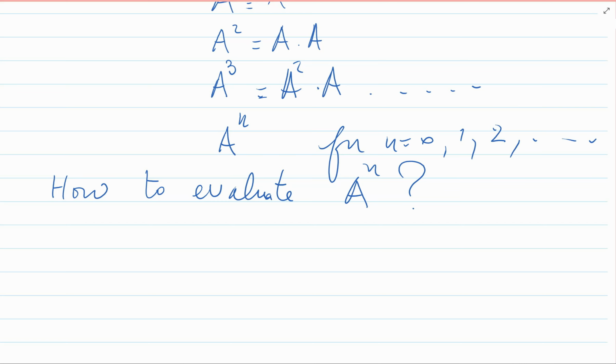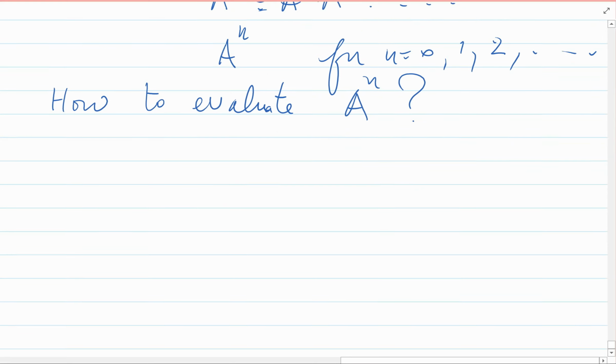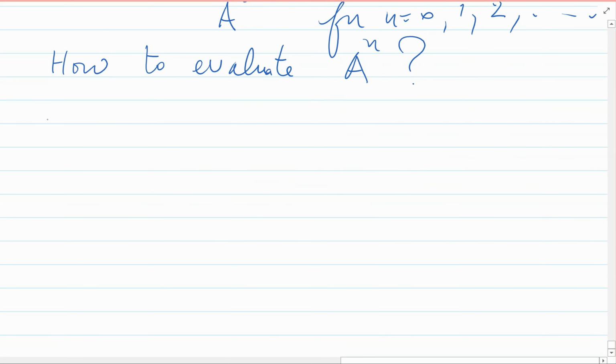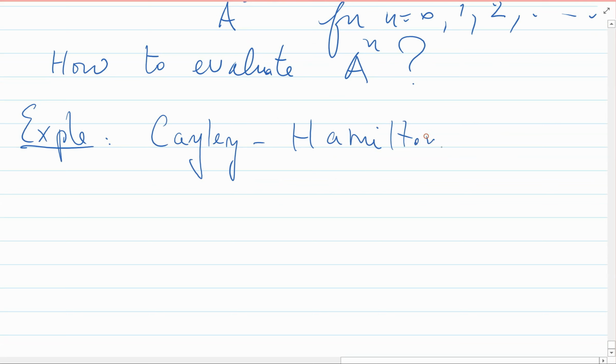So let me give you an example, something interesting. In fact, it is a little bit more than an example. You can look it up on Google: the Cayley-Hamilton result. Cayley and Hamilton were both in the 19th century, around 1800-something, and they both worked on matrices, especially Hamilton, who worked on the quaternions, a special type of matrices.